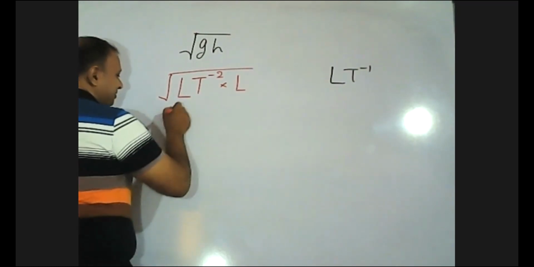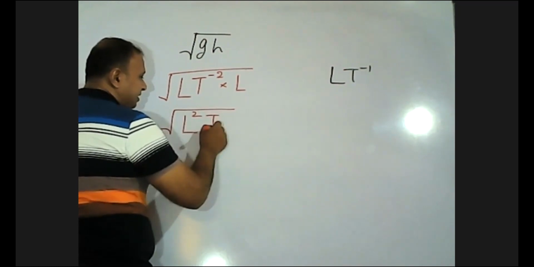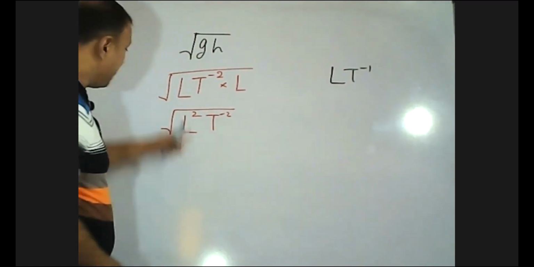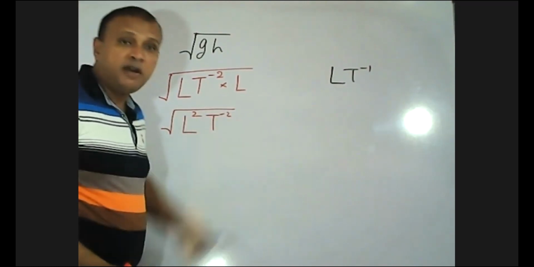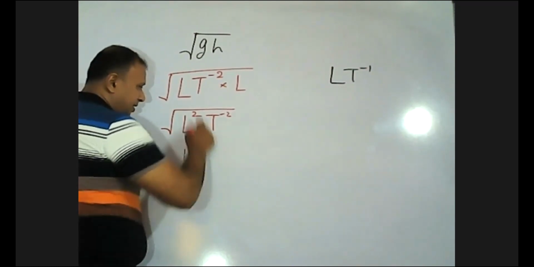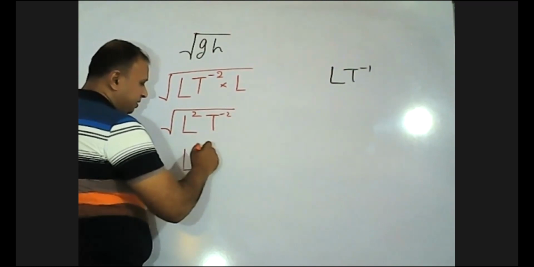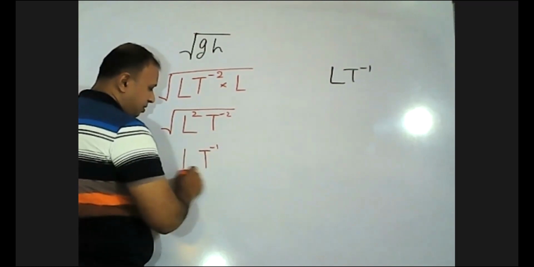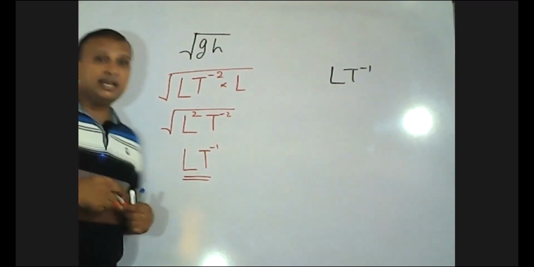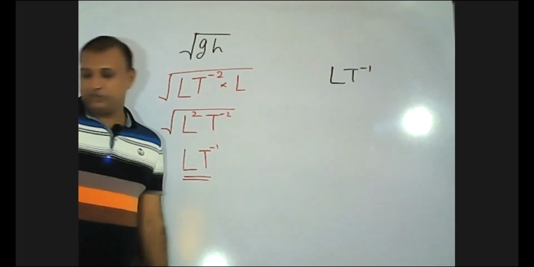The simplified answer is L squared T minus 2. If I take the square root, I have to divide both powers by 2. That means L, 2 over 2 means 1, and T, 2 over 2 means 1, that means minus 1. It is easy, no? The first answer is equal to the dimension of velocity.